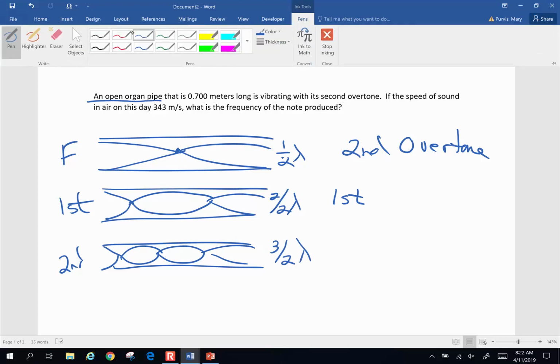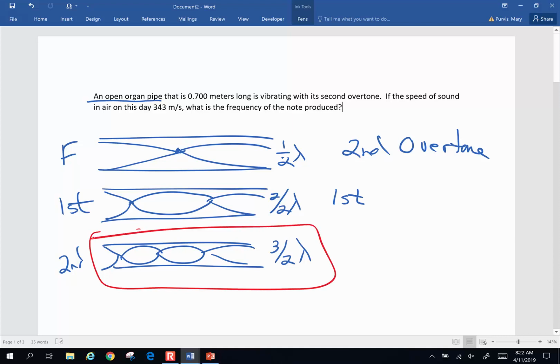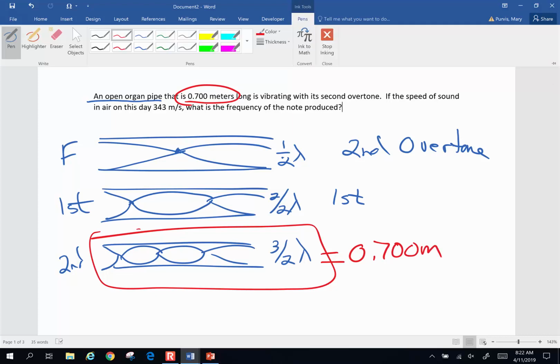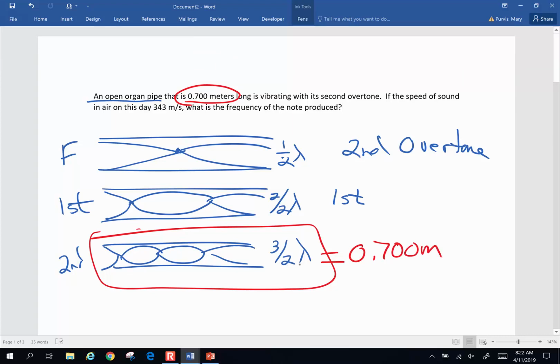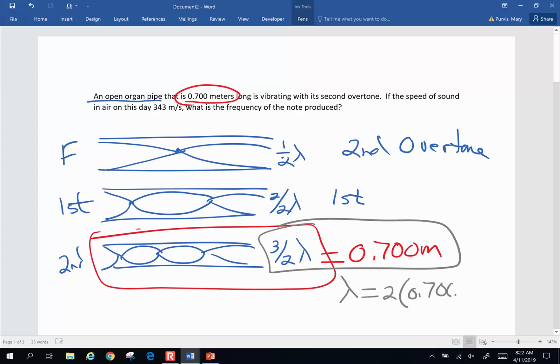We need this picture in our heads and mathematically because we now know that the 0.777 meters is equivalent to 3 half wavelengths. So we can calculate the physical wavelength of one of these waves. I'm setting this up so that this is my equation: the wavelength is going to be 2 times 0.777 meters divided by 3.